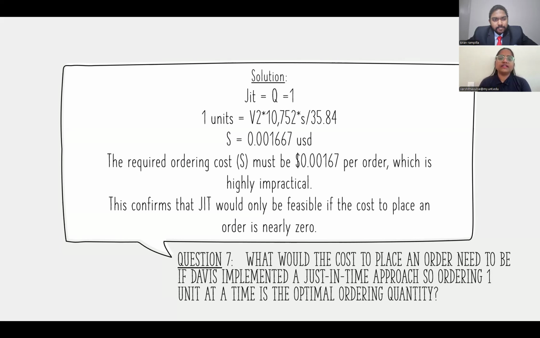So to implement a JIT system where only 1 unit is ordered at a time, the required ordering cost must be $0.00167 per order, which is highly impractical. It confirms that JIT would only be feasible if the cost to place an order is nearly zero, making it unrealistic under typical business conditions. Next slide, please.